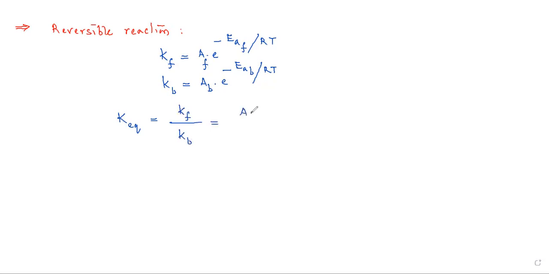So this is nothing but AF by AB into e power minus of EA forward minus EA backward by RT.